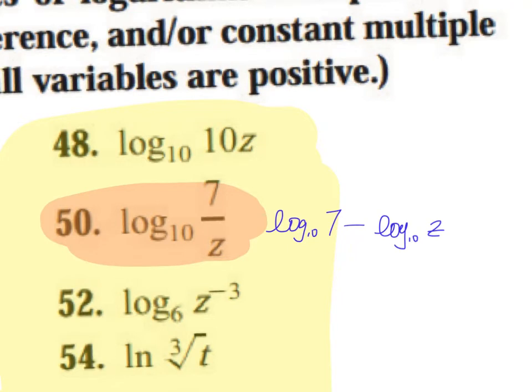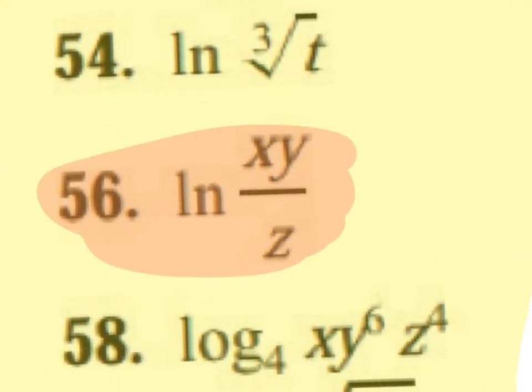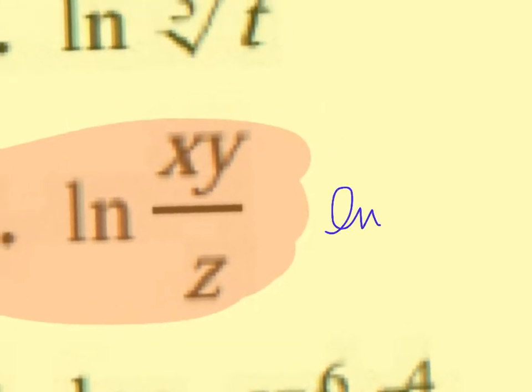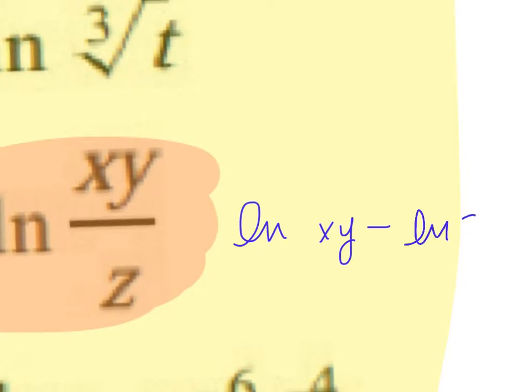Okay? There's a mixture of letters and numbers. You see how this had a 7 and a z. Doesn't matter. Rules stay the same. I have natural log here. What do you see in the original problem? Division and multiplication. Do not try and do everything in one step, guys. First I'm going to pull this apart. I'm going to say the natural log of xy minus the natural log of z.